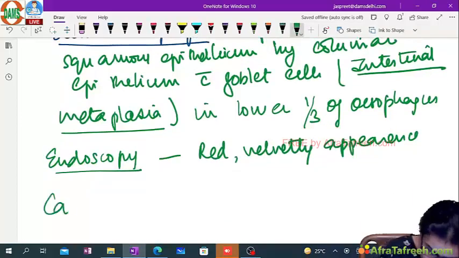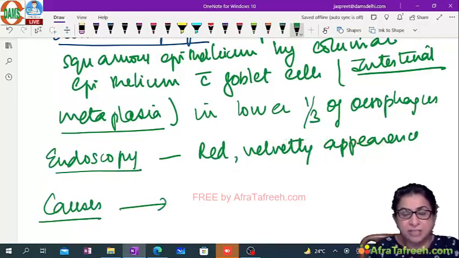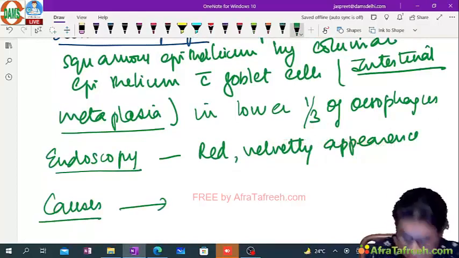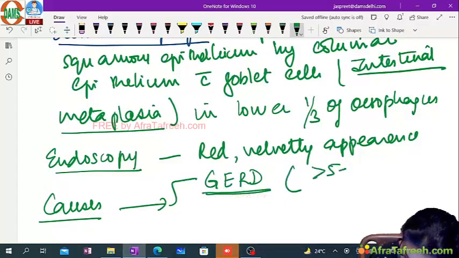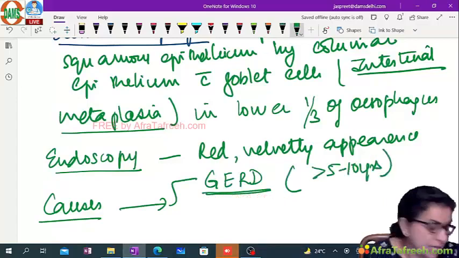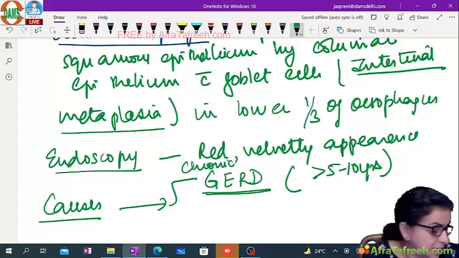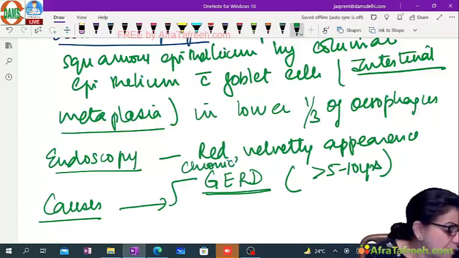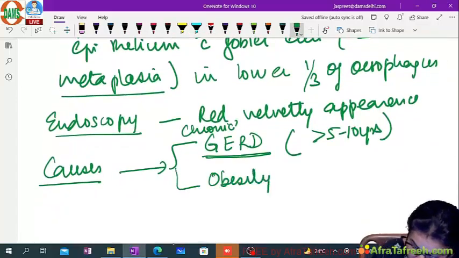What is the cause of Barrett's esophagus? A very important cause is that the stomach contents are coming into the esophagus. That is called gastroesophageal reflux disease, GERD. Chronic GERD, present for more than 5 to 10 years. It is also more associated with obesity.